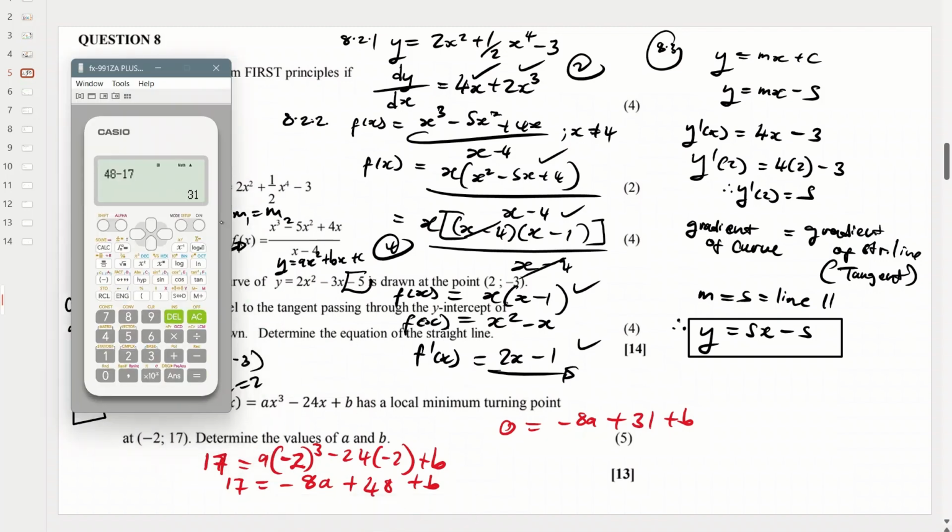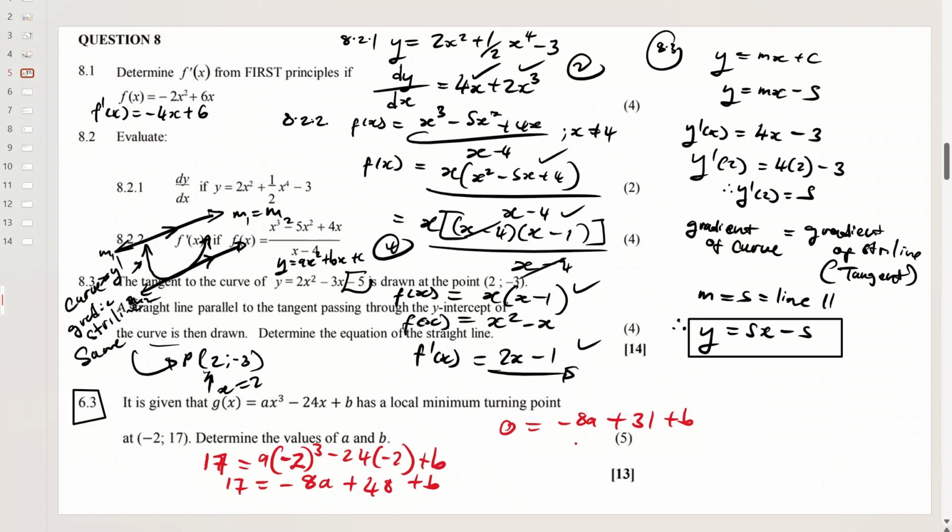Let's put that to the left. So now let's make b the subject of the formula. So b has to be 8a minus 31. This is our equation 1.